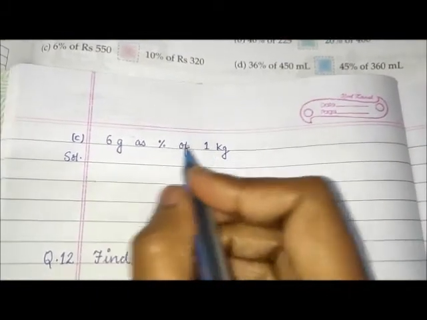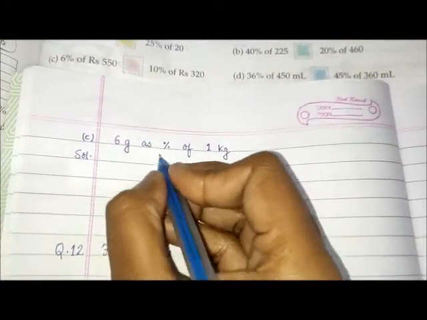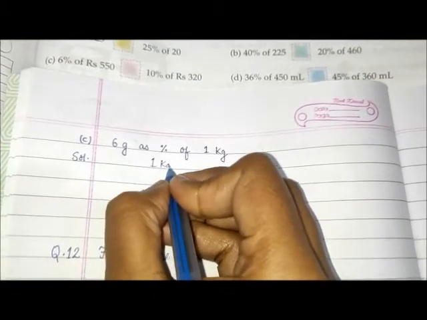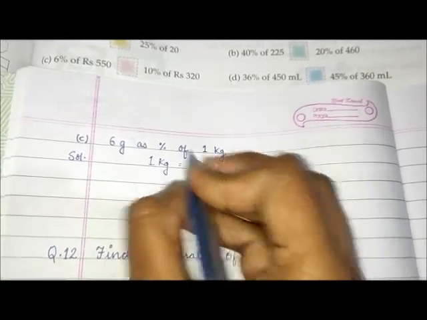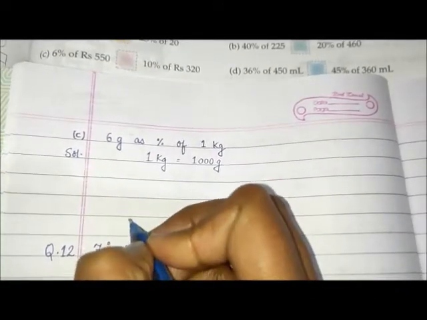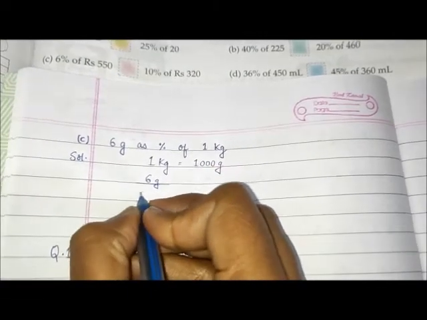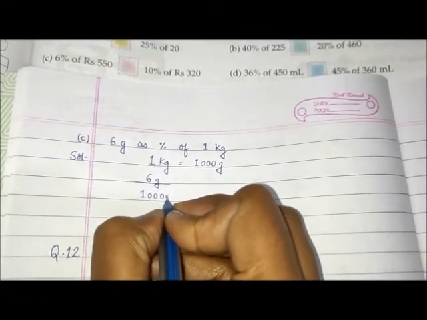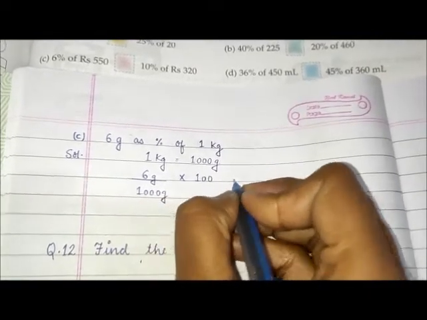In C part of this question, 6 gram as percent of 1 kg. So again this 1 kg is equals to 1000 ग्राम, because ये भी ग्राम में है इसलिए हम इसको भी ग्राम में चेंज करेंगे. Now this 6 ग्राम is divided by 1000 ग्राम and then we are going to multiply it by 100 because हम इसे किस में चेंज कर रहे हैं?